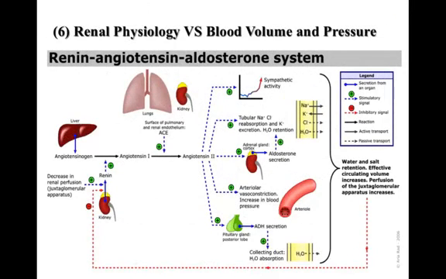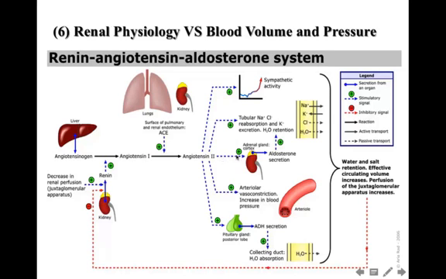Renin will circulate in the body to activate the inactive precursor angiotensinogen to angiotensin 1. Then a very interesting enzyme called angiotensin converting enzyme will activate angiotensin 1 to angiotensin 2, causing vasoconstriction of all arterial blood vessels in the body. Now, angiotensin 2 will increase the arterial blood pressure in 3 different ways.